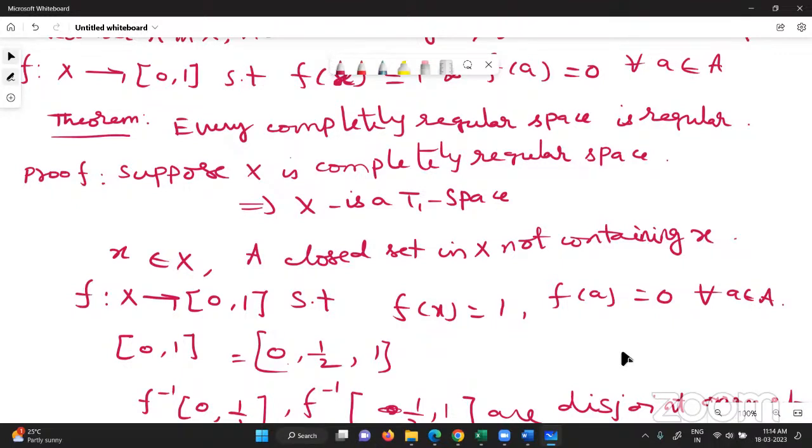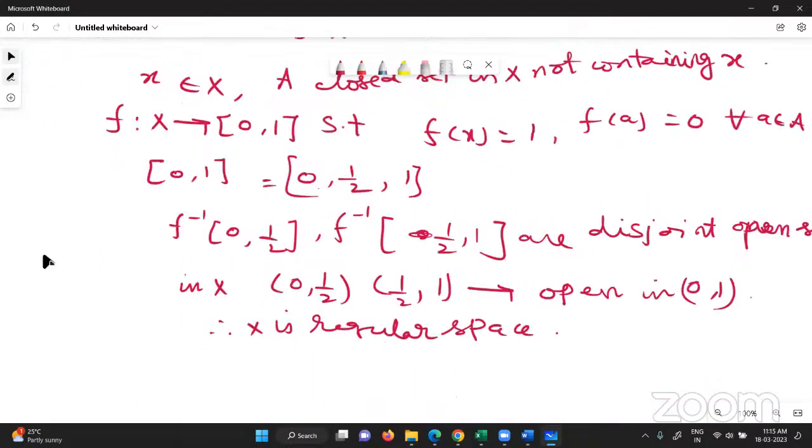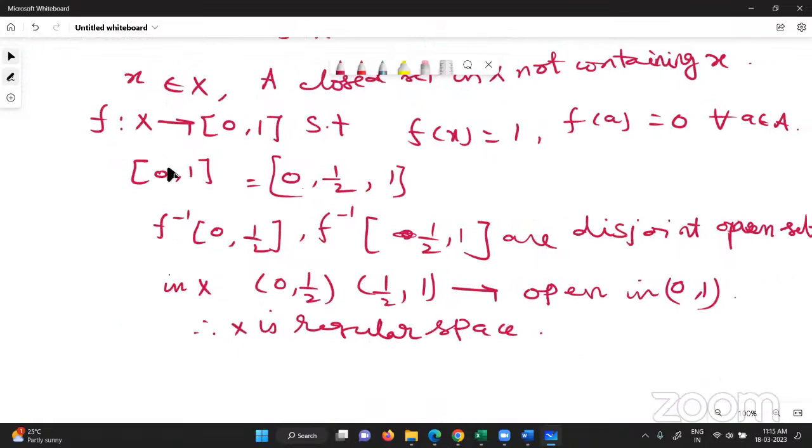To prove X is regular, you have to take a closed set A of X and a point x which is not in A, such that there exist two open sets G and H with G intersection H empty. Already X is a T1 space, and you take x belongs to X and a closed set which does not contain x.